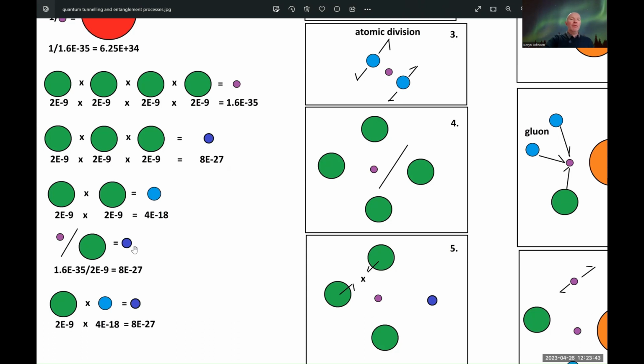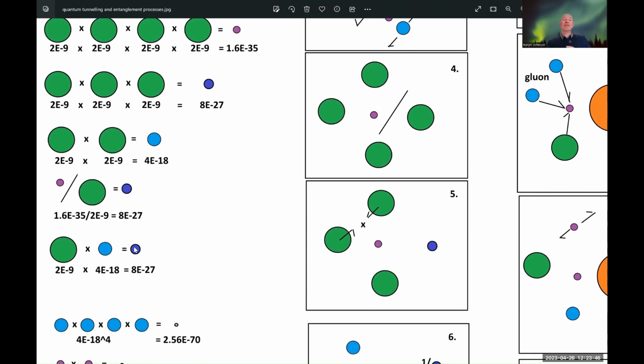Okay. Here we have 2e to the 9 times 4e to the -18 to give 8e to the -27. So not only do we have the division, but also the multiplication to give the same number. So we can look at what are the particulate attributes scale-wise, and that interaction between them that corresponds to particular features within the atomic process of tunneling and entanglement.